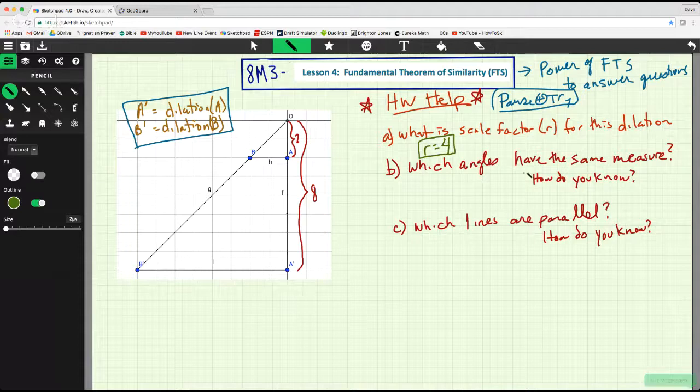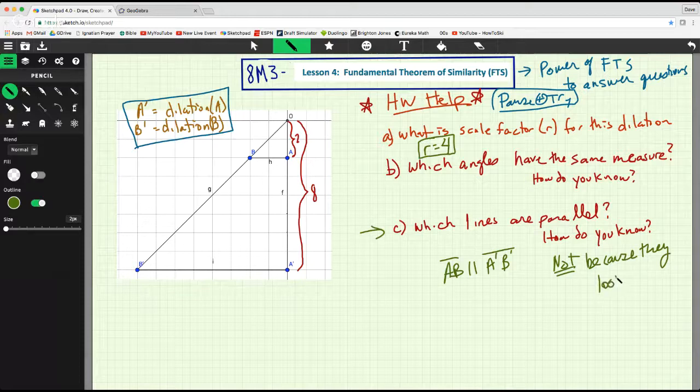Okay, so which angles have the same measure? Let's do this. I'm going to tell you to answer question C first: which lines are parallel, and how do you know? Well, I'm going to say that AB is parallel to A prime B prime. And the answer is not because they look parallel.